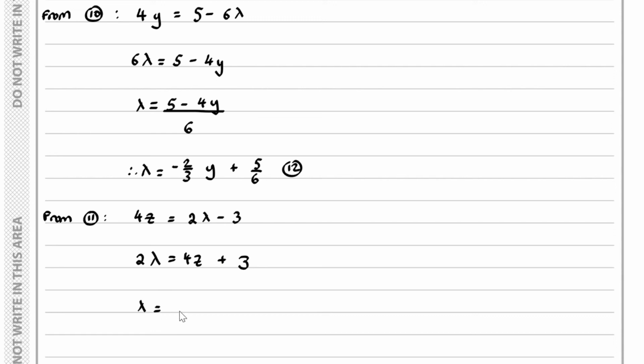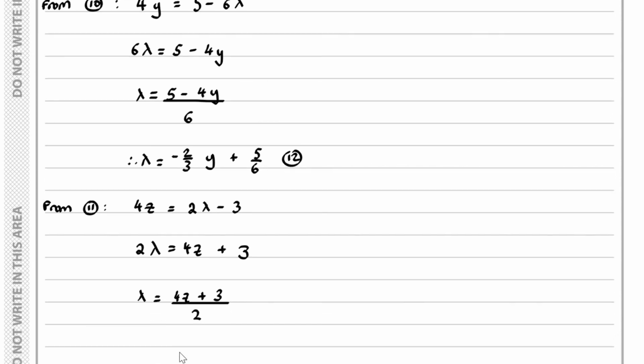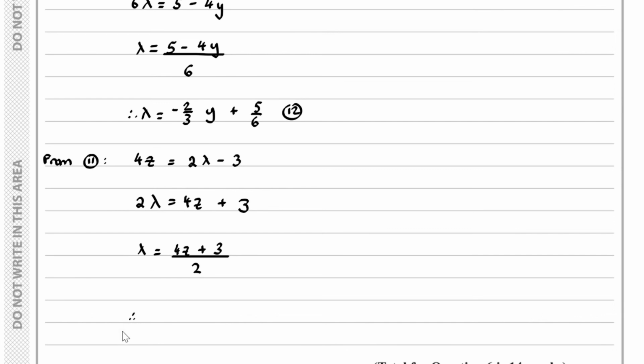So lambda is equal to (4z plus 3) over 2. So therefore, lambda is equal to 2z plus 3 over 2. We'll call this equation 14.